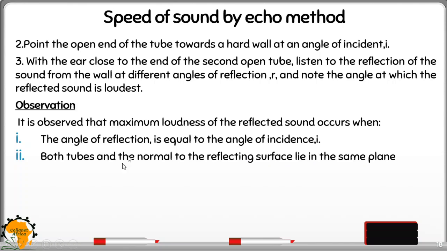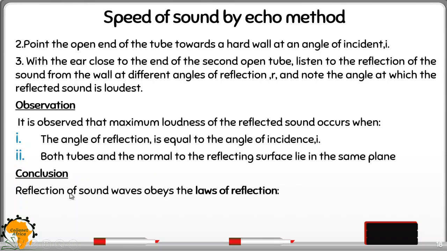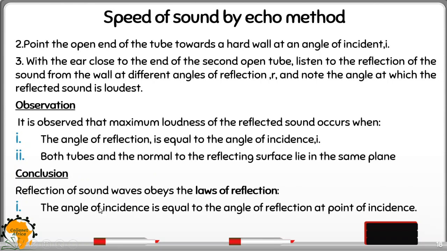Now, if you look at these observations, they are familiar and they give us our conclusion where we say that sound waves obey laws of reflection. And we have that the laws of reflection state that number 1, the angle of incidence is equal to the angle of reflection at the point of incidence.